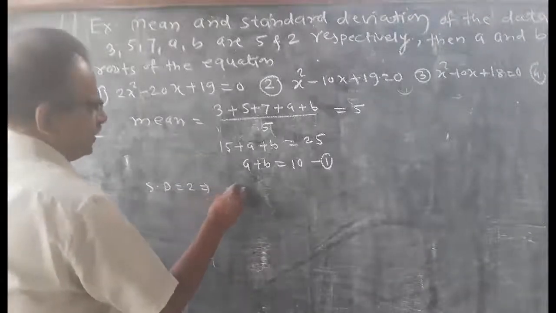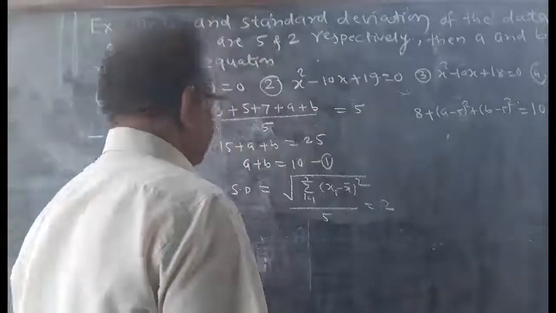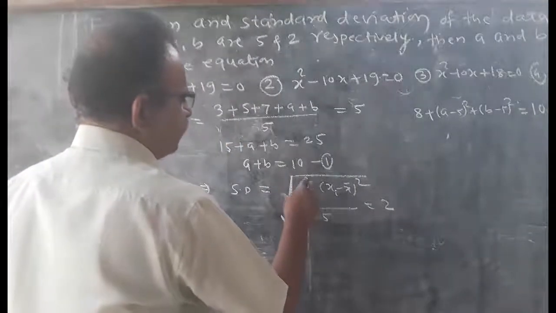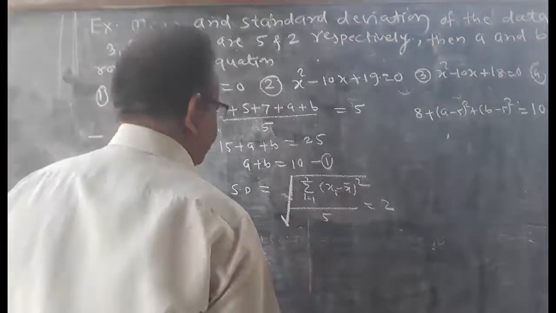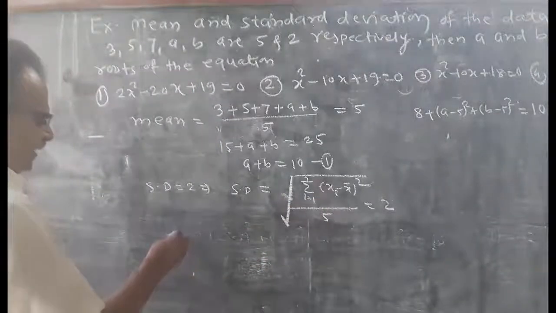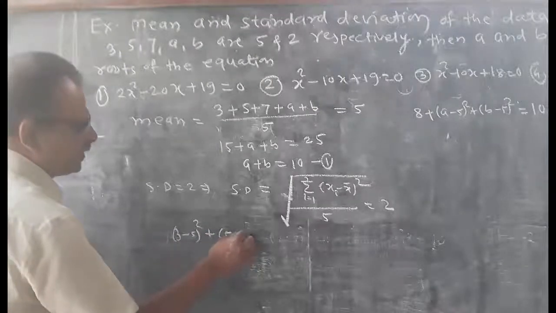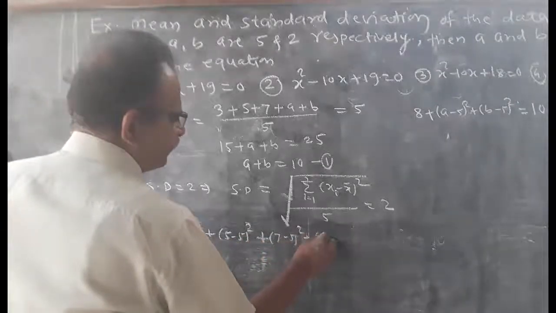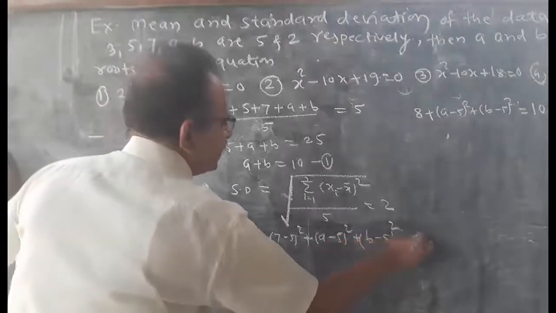The formula of standard deviation is root of sum i from 1 to 5 (xi minus x bar) square divided by 5 equal to 2. If we square both sides and substitute values of xi, we will get (3 minus 5) square plus (5 minus 5) square plus (7 minus 5) square plus (a minus 5) square plus (b minus 5) square equal to 20.